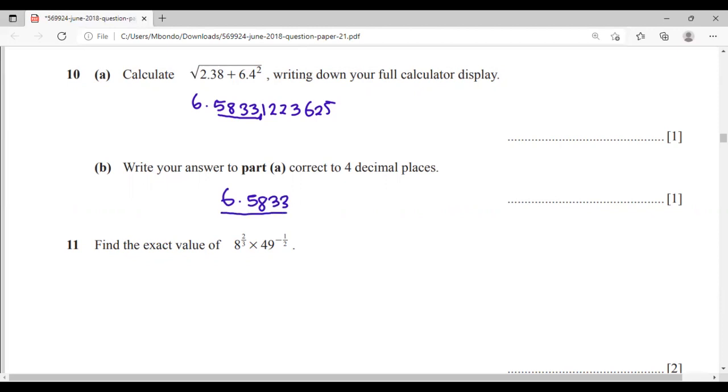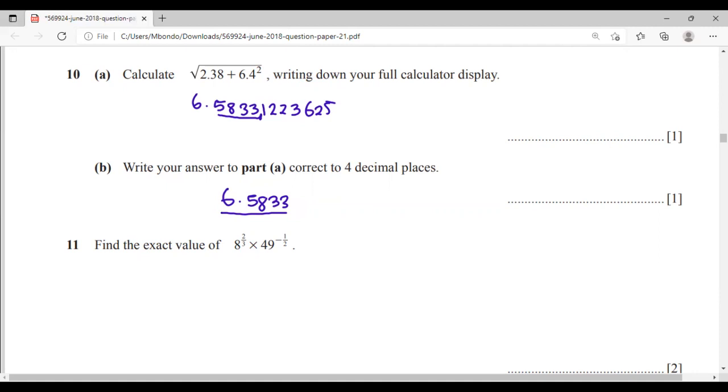Okay, then here, find the exact value of 8 to the power 2/3 multiplied by 49 raised to the power negative 1/2. So we have to work out this part here alone.